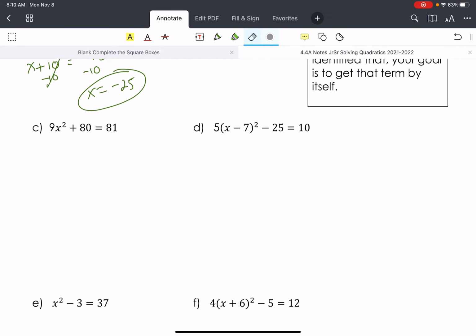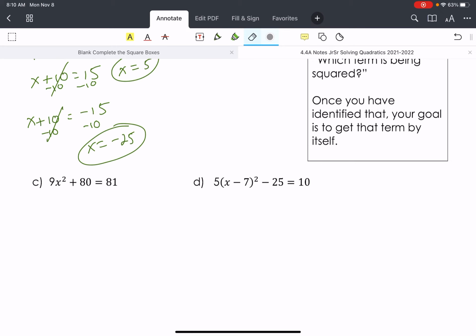Which one? C? Yeah. What first? Good. Square root?